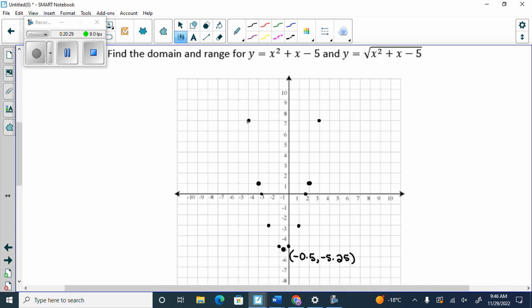Could I get more points in between? Can I? Let's try. Second trace value. I want to see what's at 1.5. Oh, -1.25. Cool. I'm curious as what's between 2 and 3.